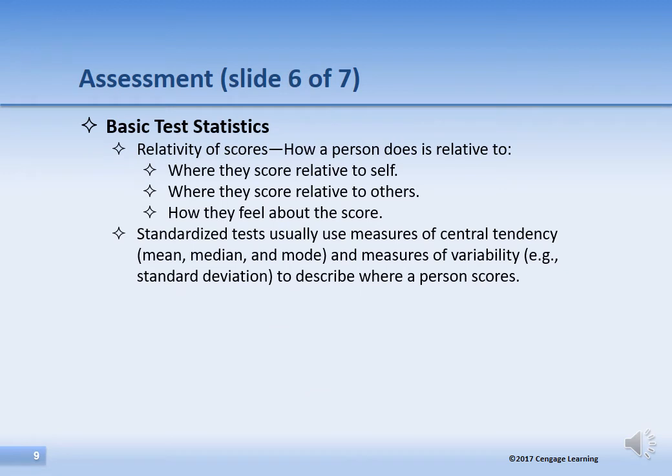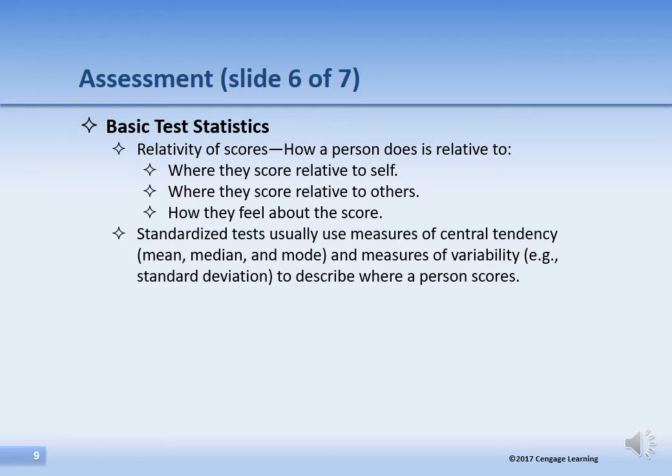Basic test statistics. The relativity of scores, how a person does, is relative to where they score relative to themselves over time, where they score relative to others, and how they feel about the score. Is it a good representation of the work that they've done, or what they understand, or their knowledge?